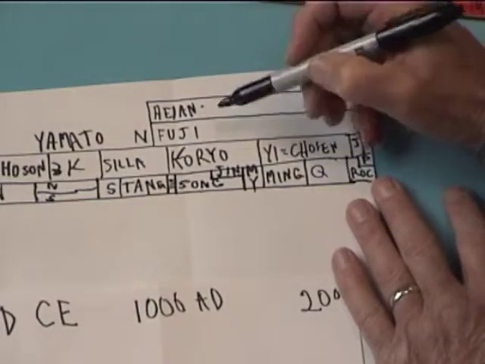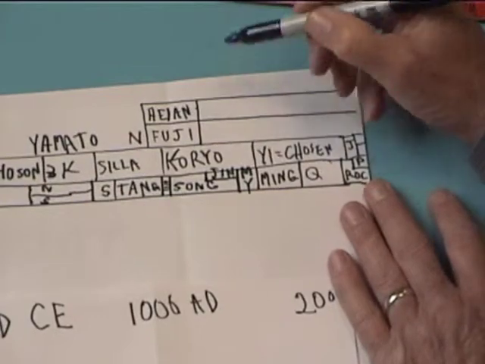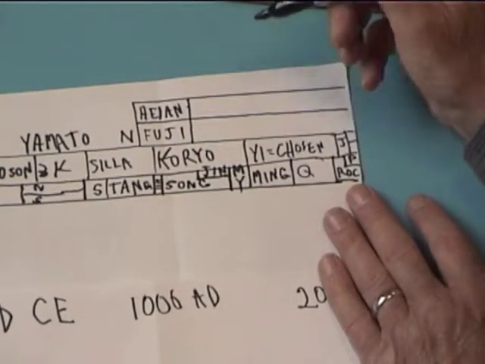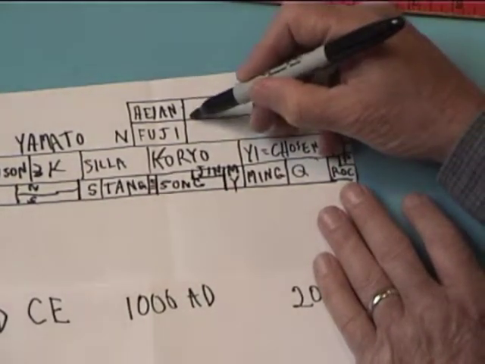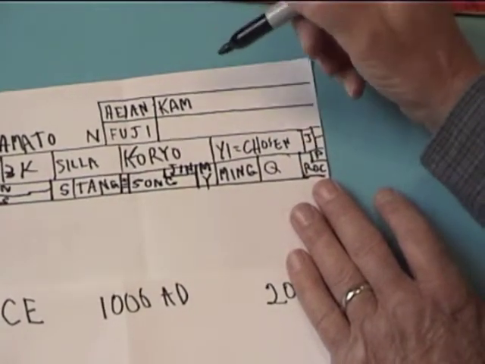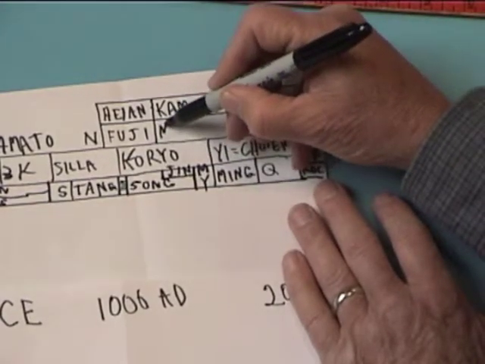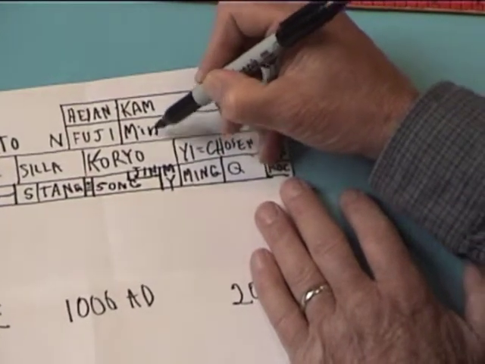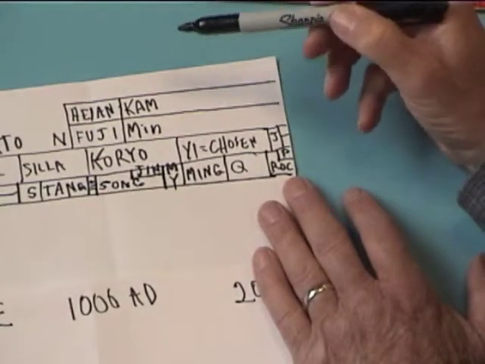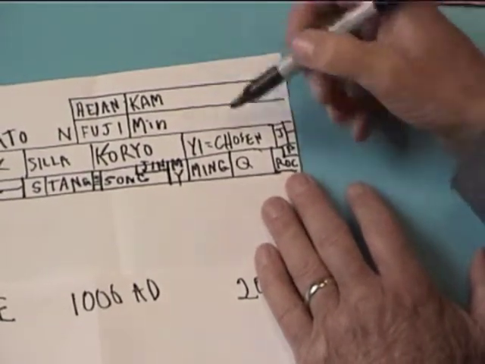When we get to the 1100s, both of those things change. The era is called Kamakura, and that is a place name. That's where their military base was. And the family in the Kamakura era was the Minamoto family. In other words, you may see books that refer to it one way or the other.